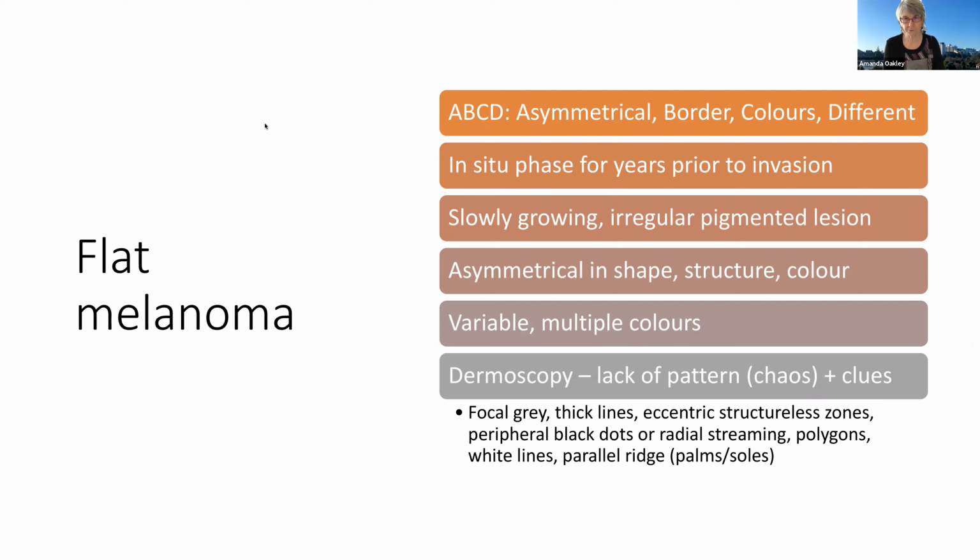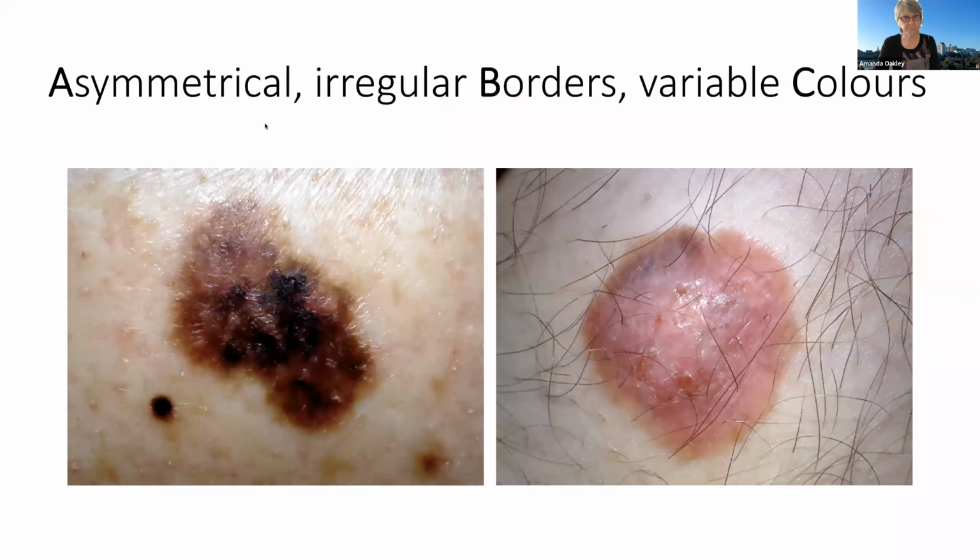They're irregular in shape, structure, and color, and often have several colors, especially more advanced tumors. We recognize them on dermoscopy because they don't have those patterns we talked about before. That means they've got chaotic structure, and they can have clues to help us recognize melanoma as well.